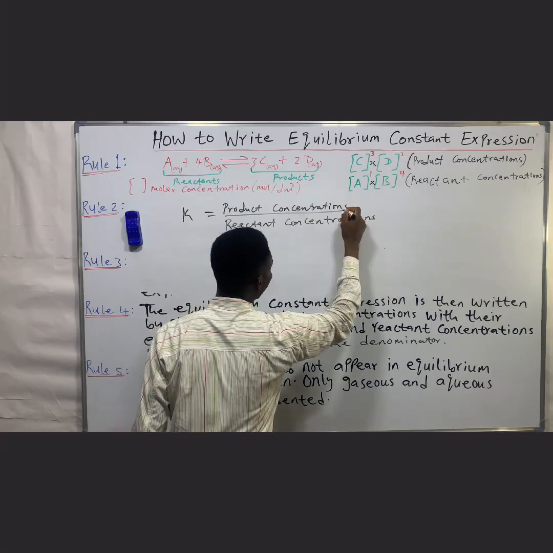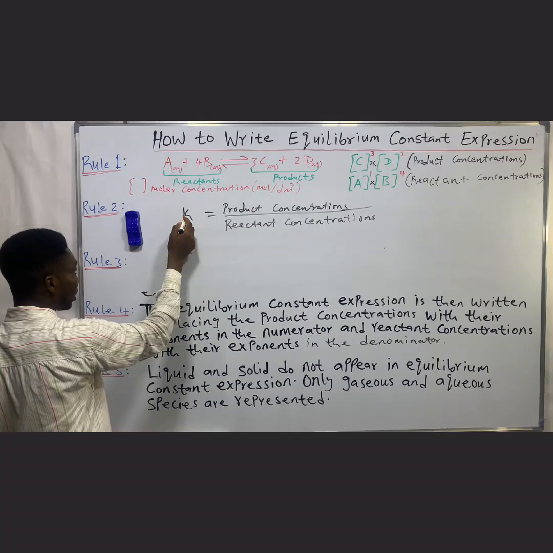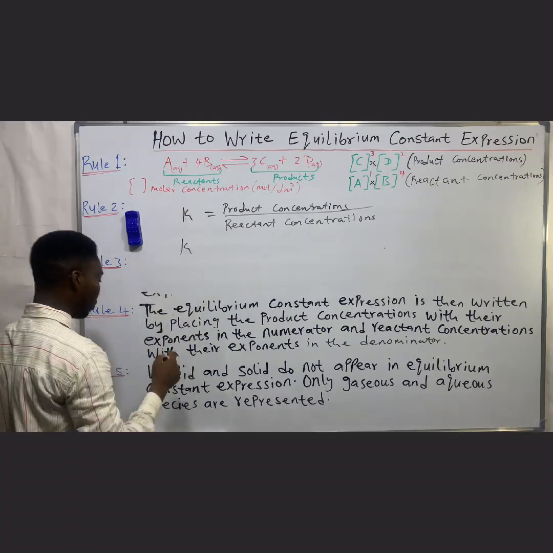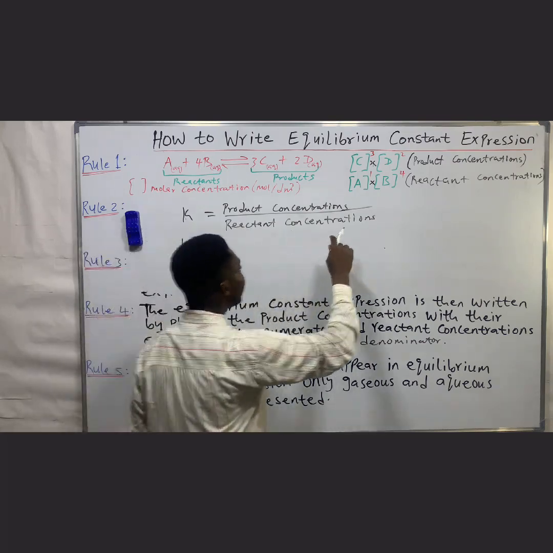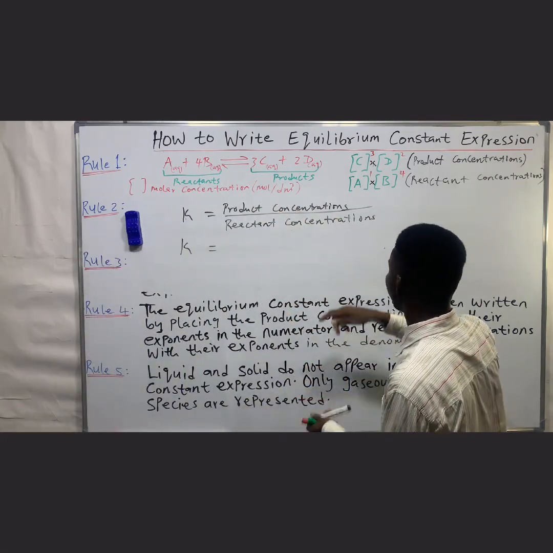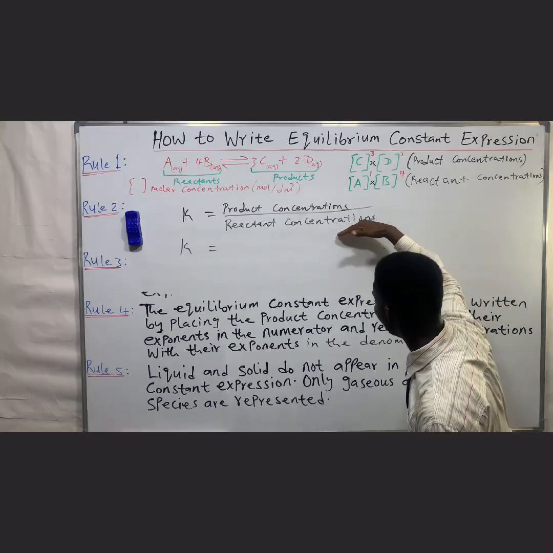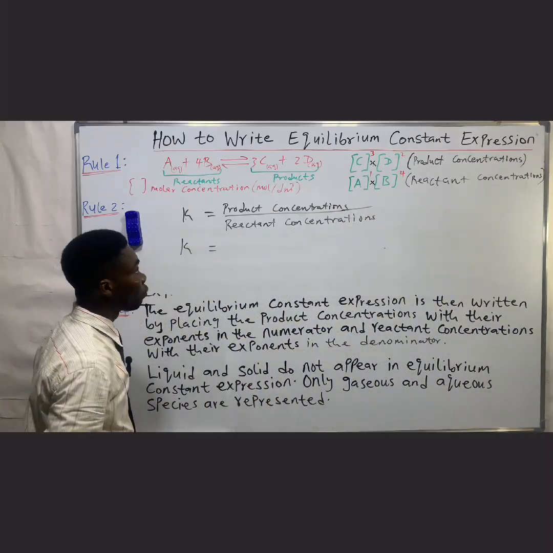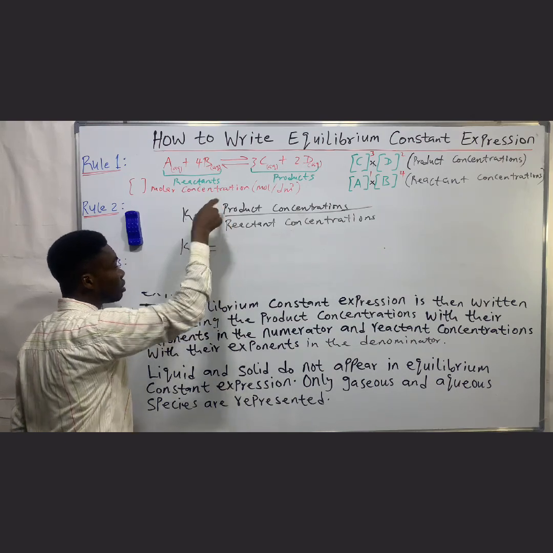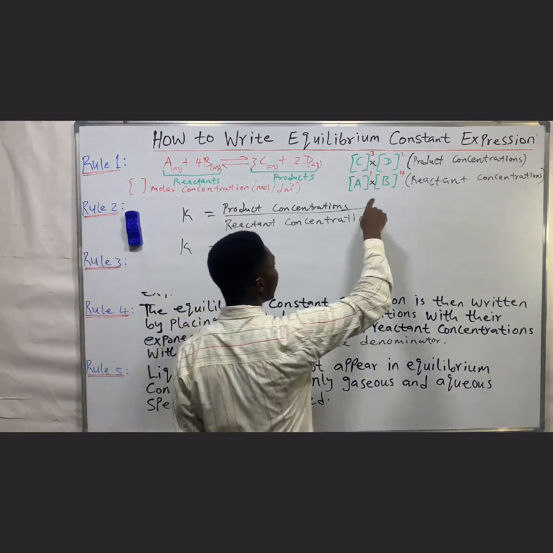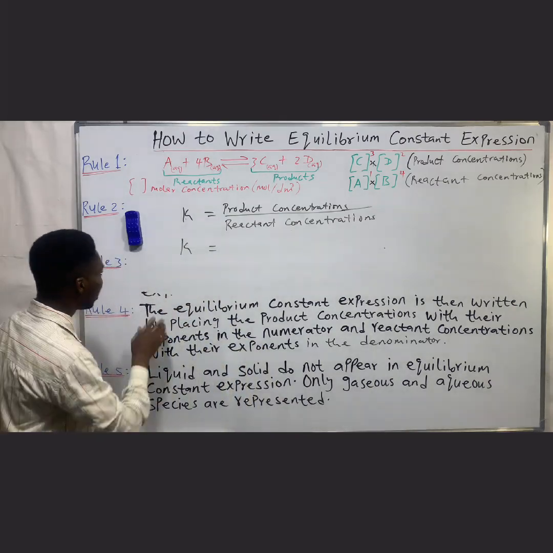You can see this is the numerator and this is the denominator. What will be placed on the numerator is going to be the product concentration. That is what rule number 4 is talking about.